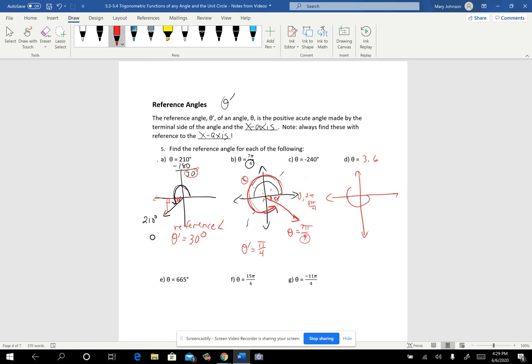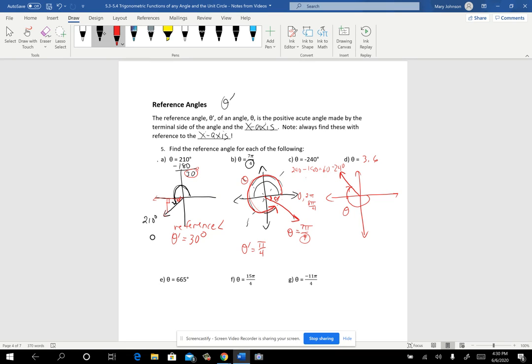I'm just looking at the 180 and the 240, and I can see that would be 60. So I have to go 60 past that, and that would be negative 240 degrees, okay? All right, so that's my theta.